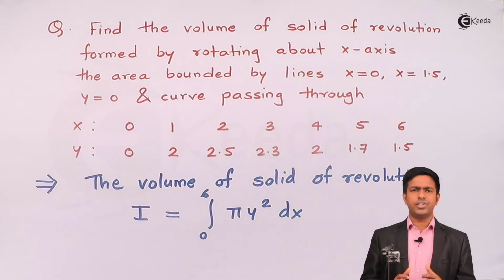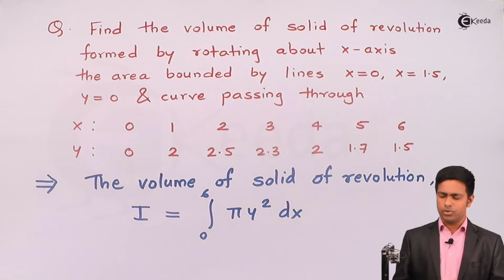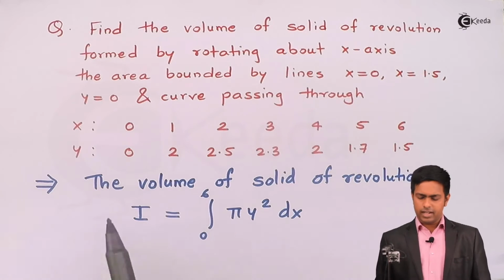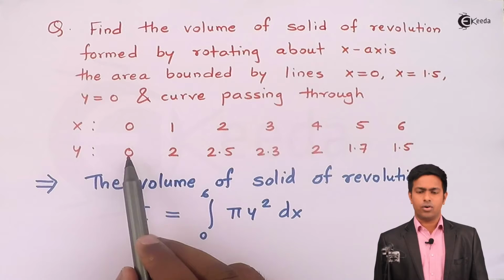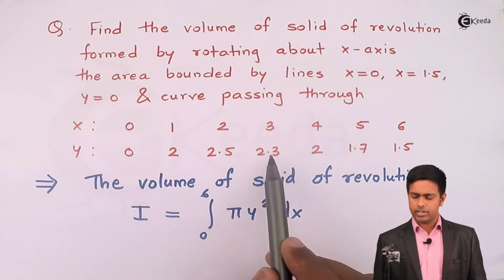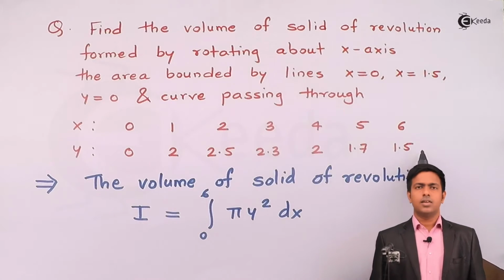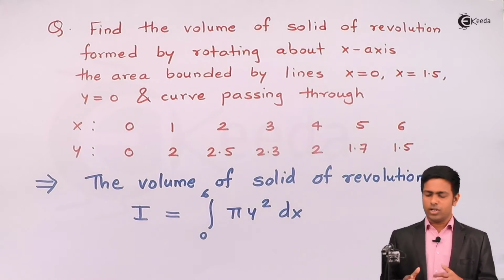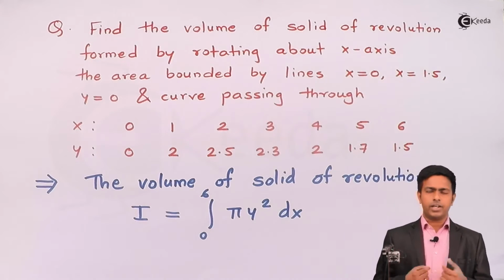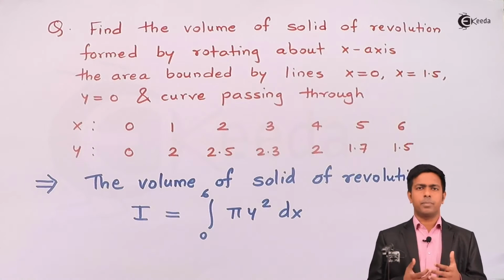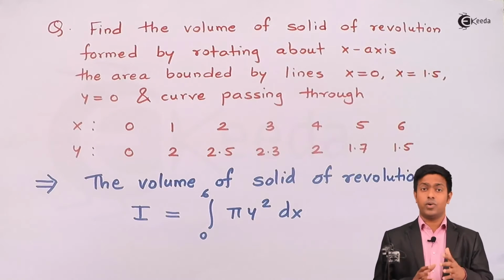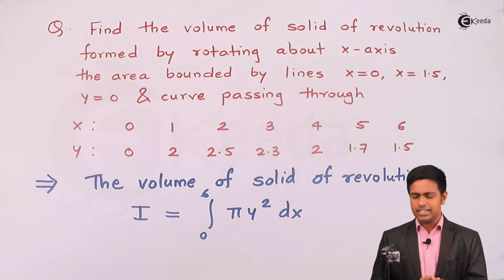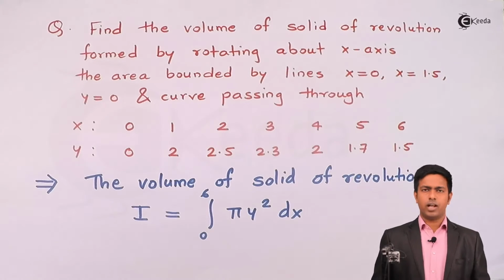So this is the condition to use Simpson's 3/8 rule. Let's say this is the first ordinate or value of y, which we'll call y0. This will be y1, y2, y3, y4, y5 and y6, where 6 is a multiple of 3. So the last interval is a multiple of 3, and hence we can accept these values.